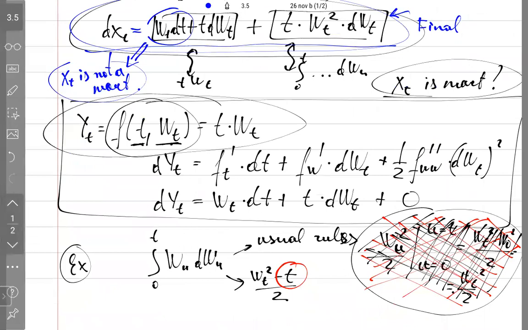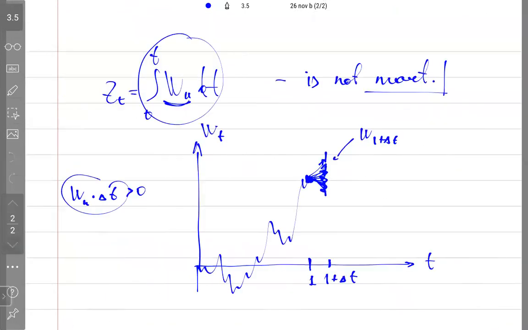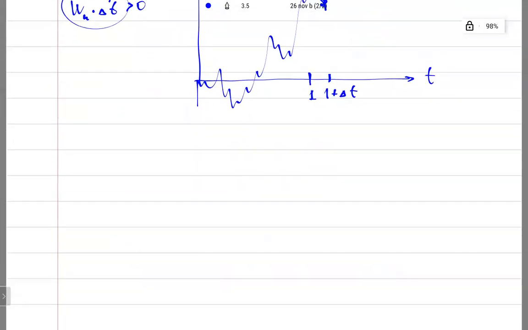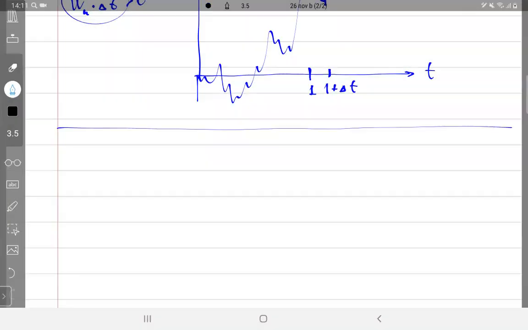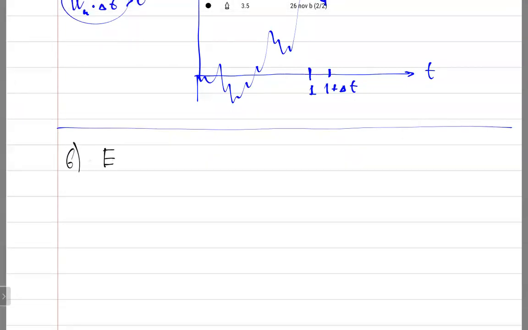Okay, let's move on. Let's calculate the expected value of xt. What is the expected value of xt? It's easy. I think 2 minutes are enough. I give you time to calculate the expected value of xt.